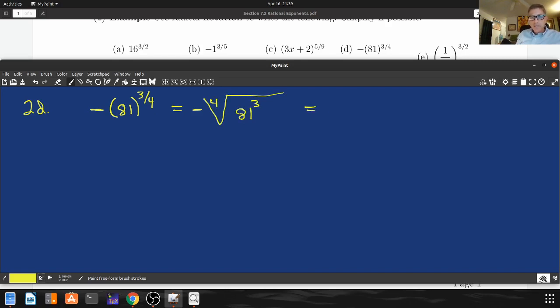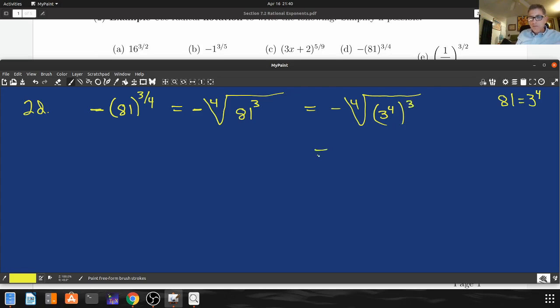Well, again, I want this raised to a 4th power, so I recall what I did earlier, and that 81 is 3 to the 4th power. So 81 to the 3rd power is 3 to the 4th to the 3rd power.